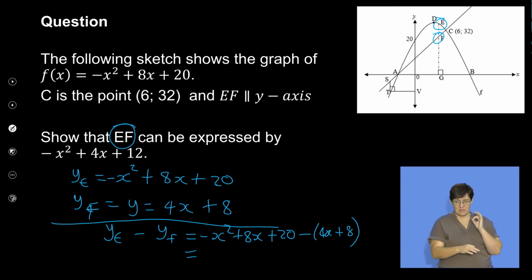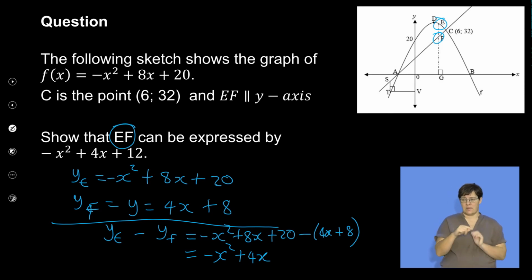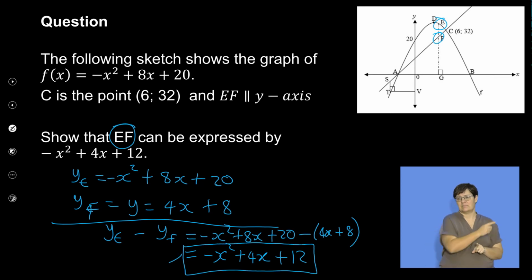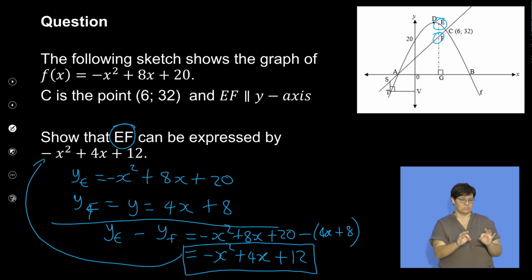So, in simple terms, the x squared will remain as minus x squared. The 8x will minus the 4x, which will give me plus 4x. And then the 20 will minus the 8, which will give me plus 12, which is exactly the same as what they said you must show it to be.